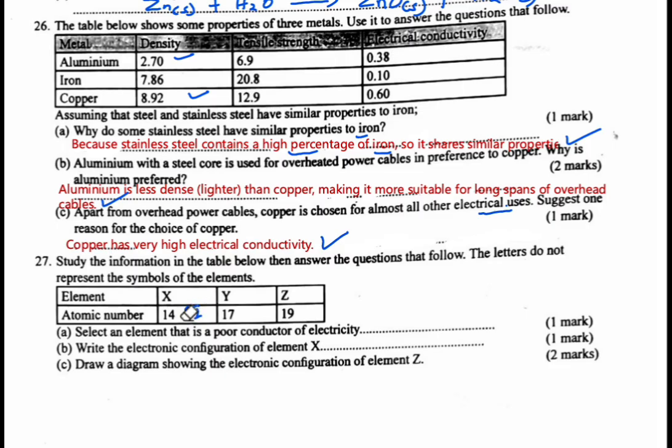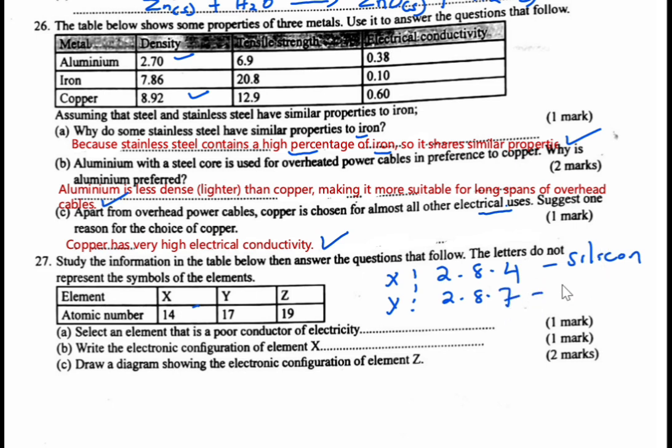So X, I'm going to write here the electron configuration for X. Silicon's atomic number is 14, and therefore we have 2, then 8, then 4, which stands for silicon. Let us go to Y. Y, you have 17, so this is 2, we have 8, we have 7.